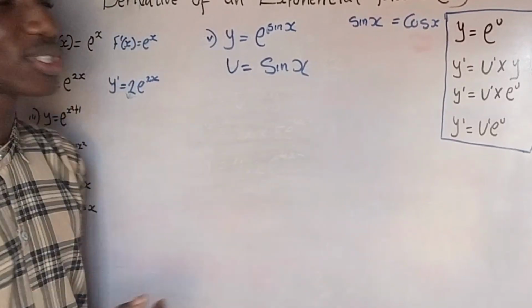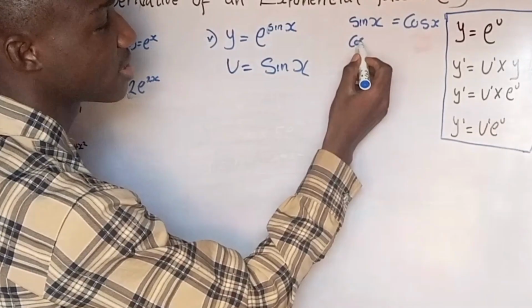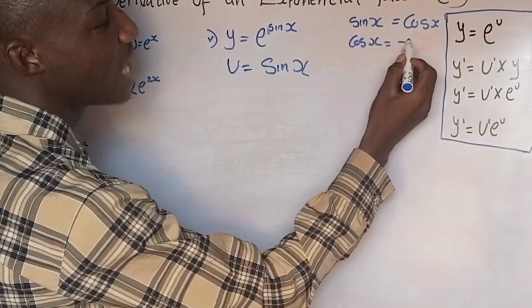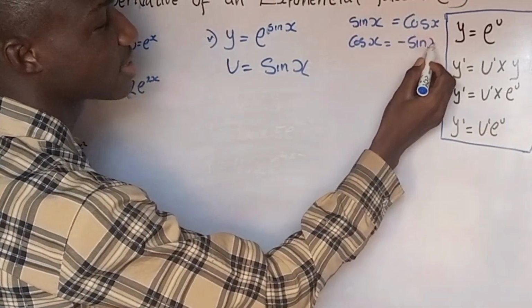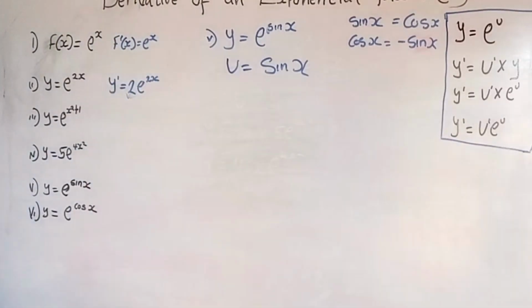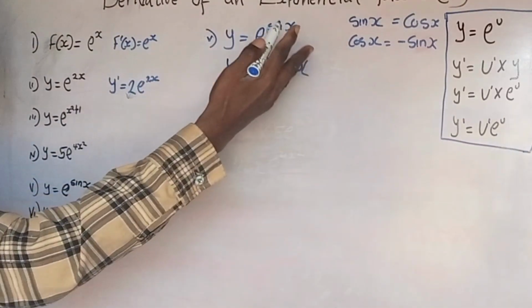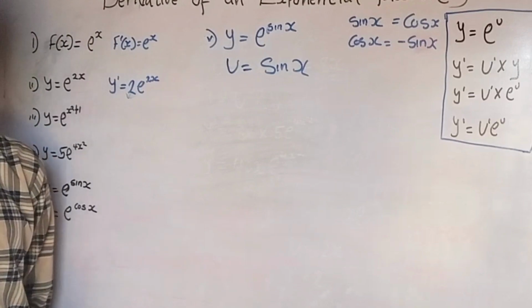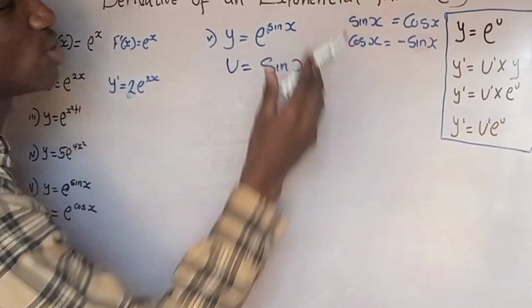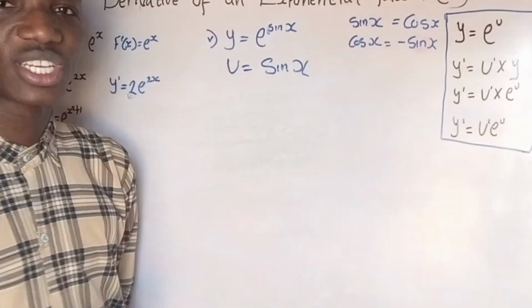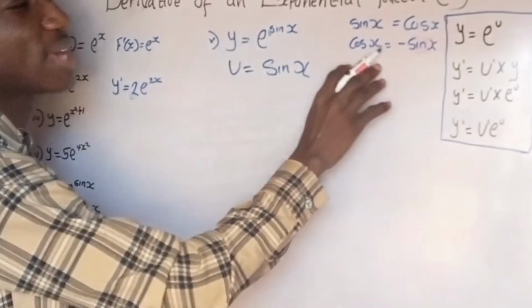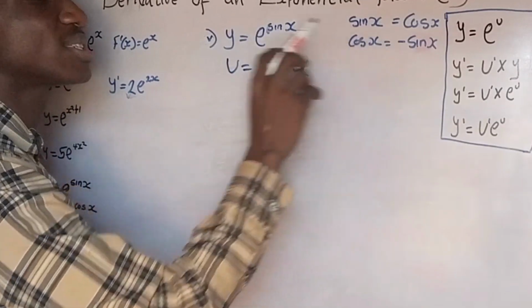And if you differentiate cos x, it is equal to minus sine x. In my next video, I'm going to show you how to prove this. But keep this at the back of your mind. If you differentiate sine x, you are going to get cos x. If you differentiate cos x, you are going to get minus sine x.